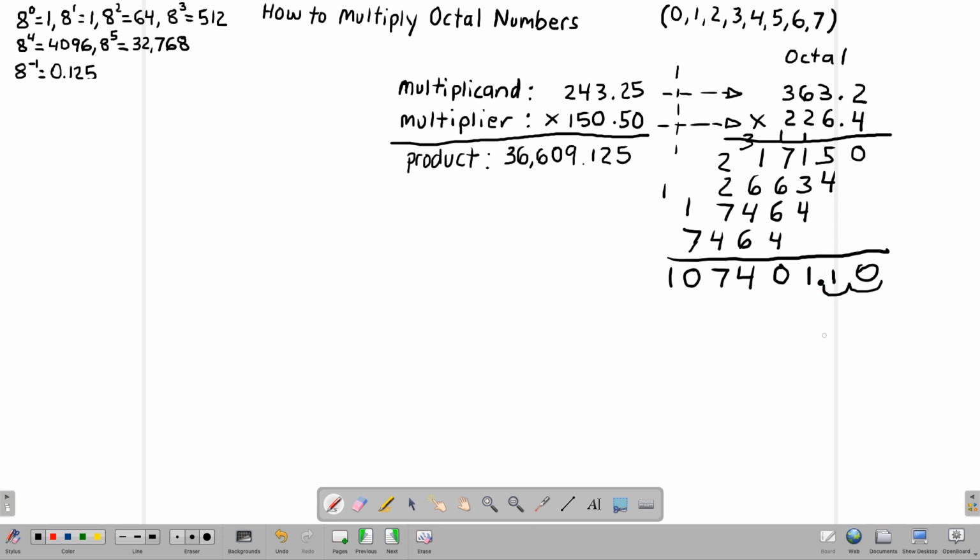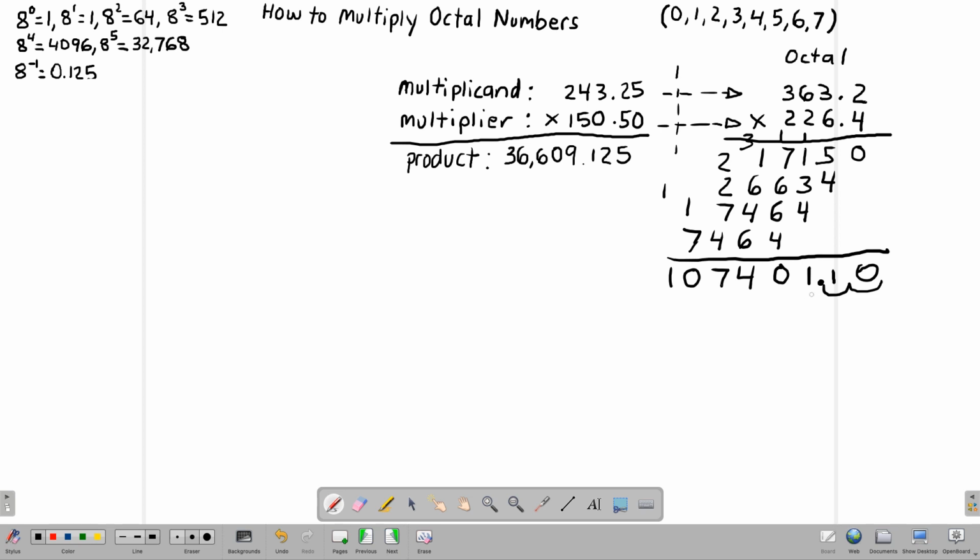So we look at the positions when we want to show that this octal value 107401.10 is indeed the decimal value 36,609.125. We want to show that it is this value. So what we want to do is look at the positions of the digits in the octal result.